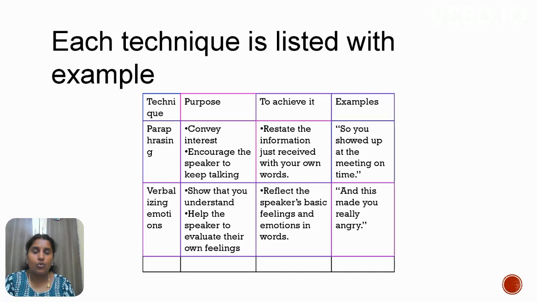Without interest, nobody can paraphrase. It encourages the speaker to keep talking. Long sentences definitely make us skip the ideas. Paraphrasing helps you to convey interest and also encourages the speaker to keep talking.